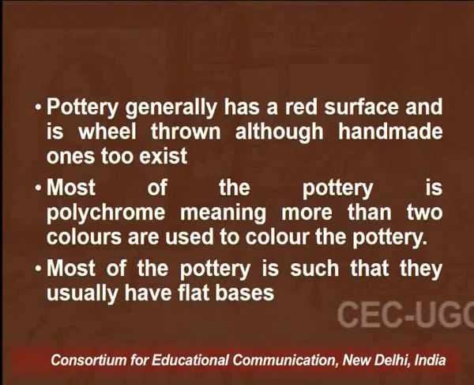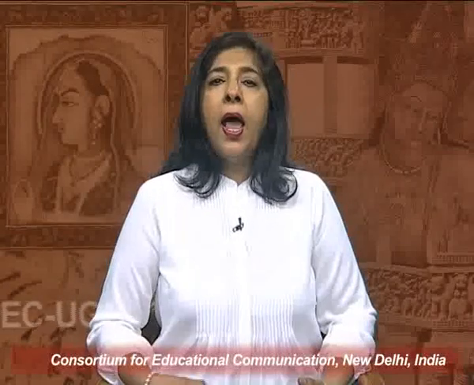Pottery generally has a red surface and is wheel thrown, although handmade pottery also existed, as has emerged from several archaeological findings. Most of the pottery is polychrome, meaning more than two colors were used to color the pottery, while monochrome means that it was only a single color.